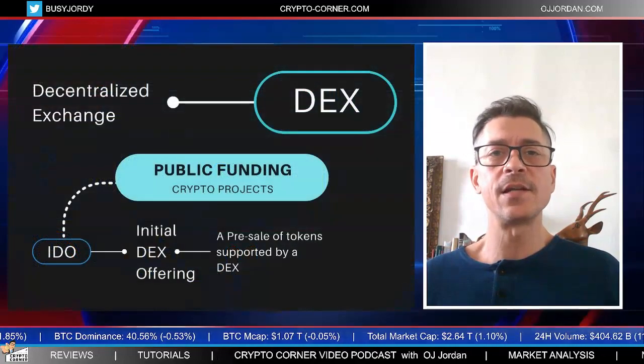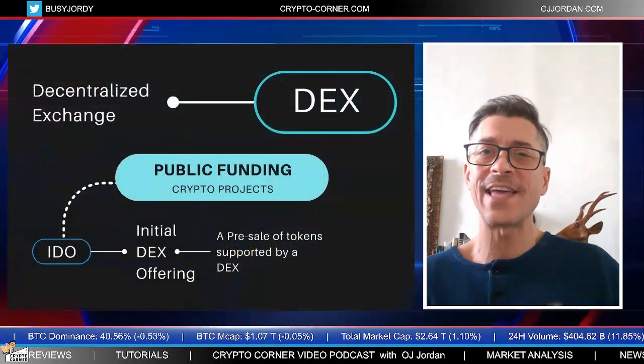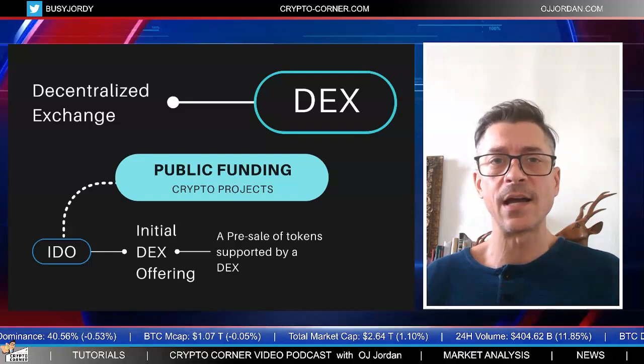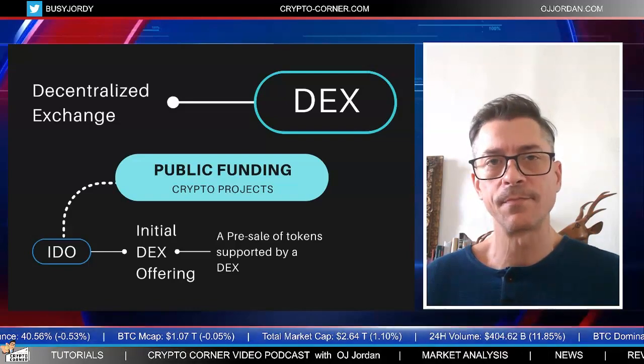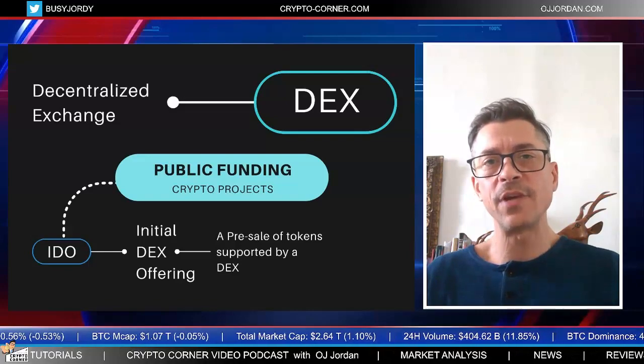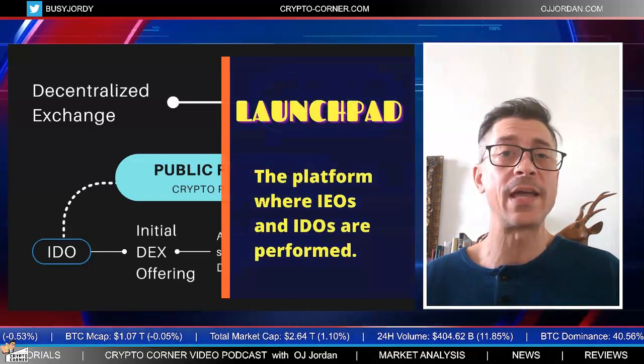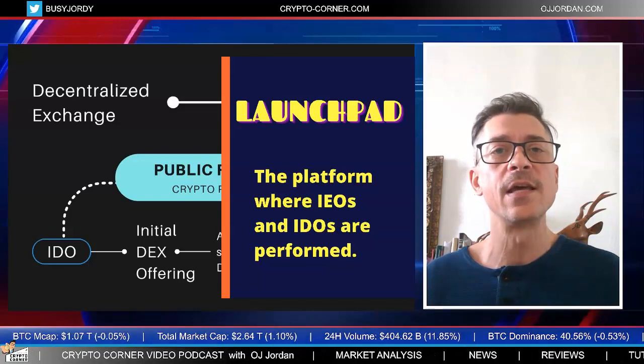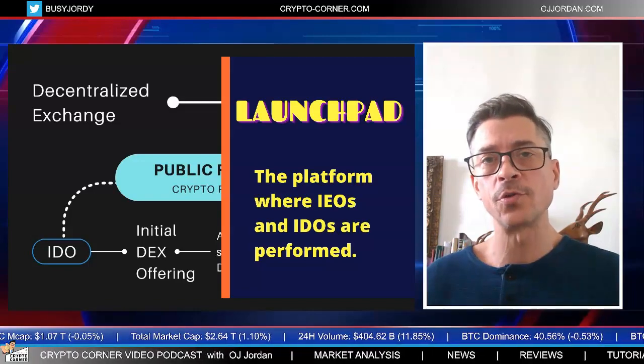In this case, they're known as IDOs, Initial DEX Offering, and the platform or the service that these DEXs are using are called Launchpads. In short, any platform that raises funds for new crypto projects by allowing you to buy tokens before they're publicly released is known as a crypto launchpad.